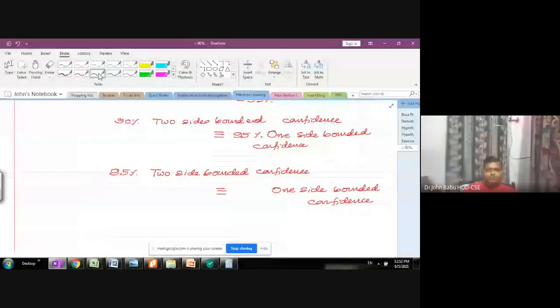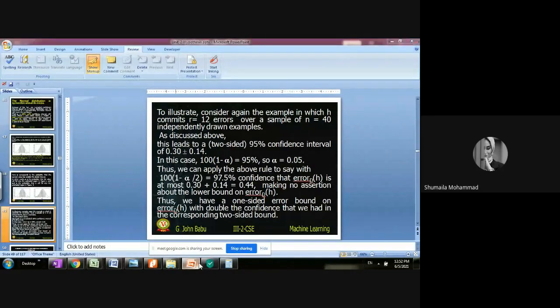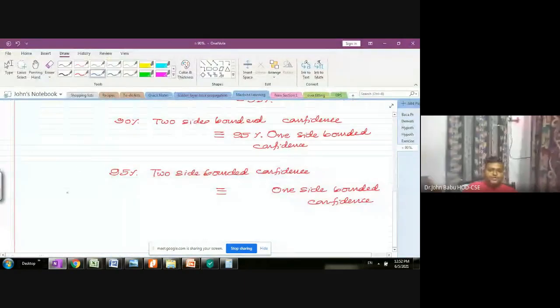So in the problem given, 95% confidence. What is alpha? So when it is 95% confidence, 100 into 1 minus alpha.